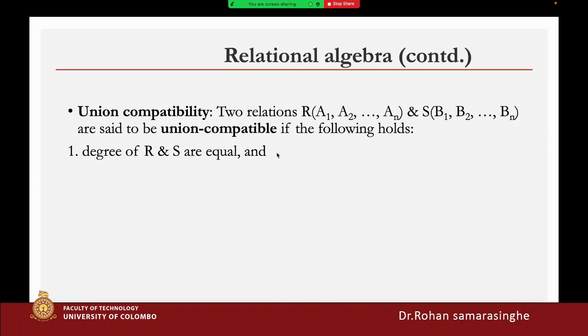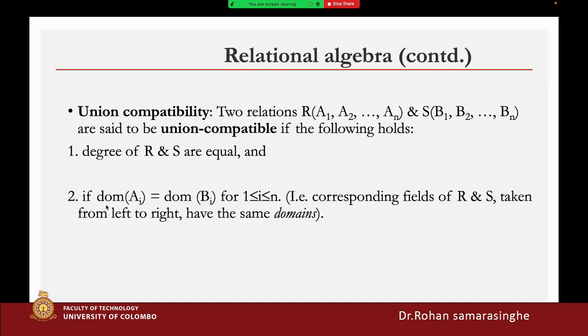One is that the degree of relations R and S are equal. The degree of a relation, you know, is the number of attributes. And the domain of Ai equals the domain of Bi; the domains must be the same.